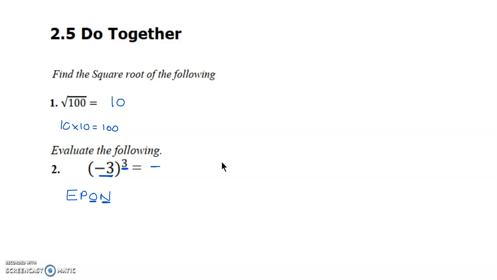So we can put the negative sign, and then we can multiply 3 times 3 times 3, knowing with confidence that the answer is going to be negative. So 3 times 3 is 9, and 9 times 3 is 27. So negative 3 cubed, or to the 3rd power, is negative 27. So EPON can help us a lot.